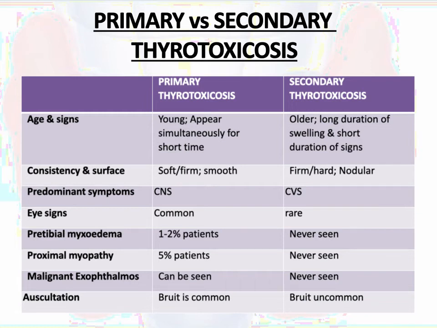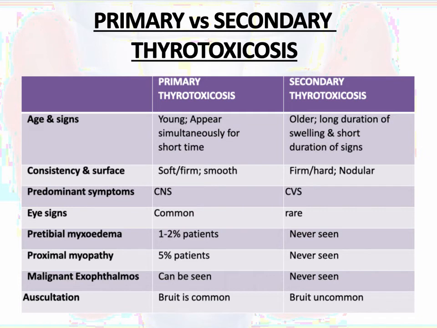Secondary, older patients. In primary, swelling and signs appear simultaneously, while in secondary thyrotoxicosis there is a long duration of swelling and a short duration of signs. Consistency is soft in primary, hard and nodular in secondary. CNS is the predominant system involved in primary, and in secondary CVS, that is cardiac involvement.